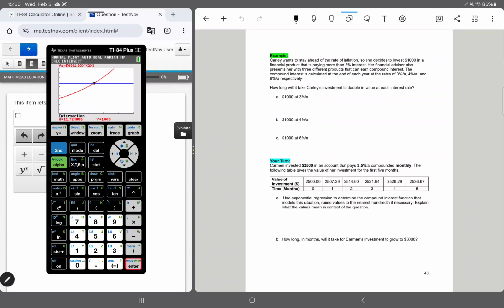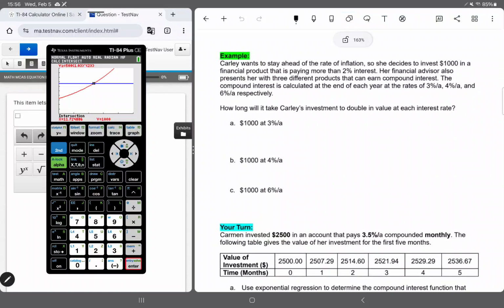All right, so here's another example here. Carly wants to stay ahead of the rate of inflation, so she decides to invest $1,000 in a financial product that is paying more than 2% interest. Her financial advisor also presents her with 3 different products that can earn compound interest.